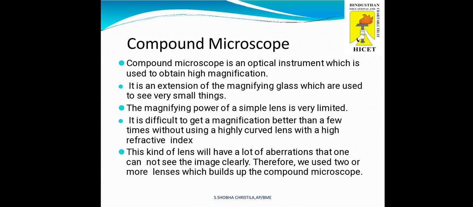It is difficult to get a magnification better than a few times without using a highly curved lens with a high refractive index. This kind of lens will have so many aberrations that one cannot see the image clearly. Therefore, we use two or more lenses which build up the microscope.